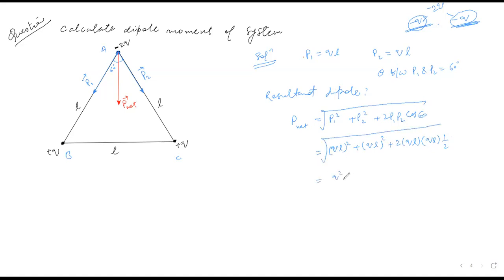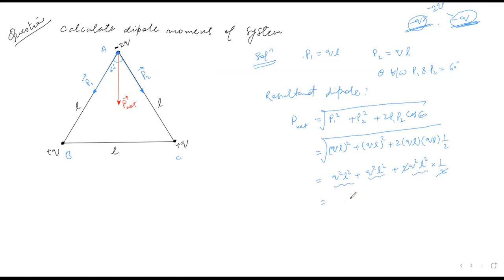This will be Q square L square plus Q square L square plus 2 Q square L square into 1 over 2. 2 is cancelled with 2. Finally, you get Q square L square, 3 times.